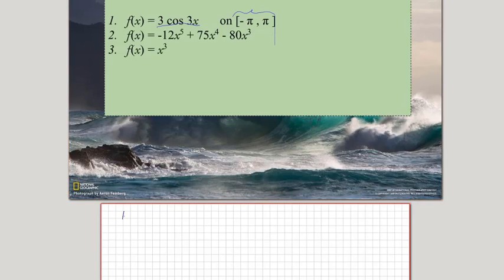So let's look at number 1 first. f prime of x is -9 sine of 3x. So just chain rule that. Now what I want to know is, where is this 0?